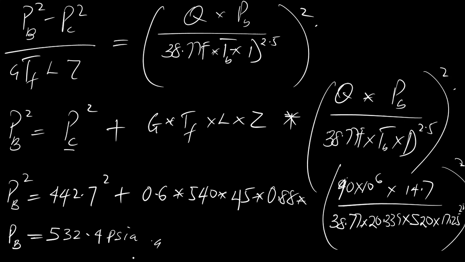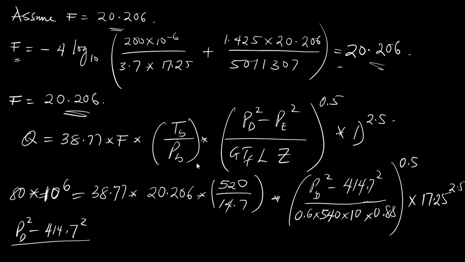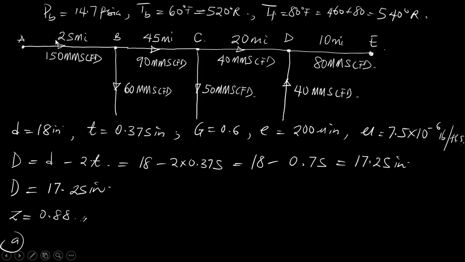Now we've gotten the pressure at B, we need to get the pressure at A. So to get the pressure at A, we go back. Now at A, look at the flow rate is 150 million standard cubic feet per day, and the length from A to B is 25 miles.